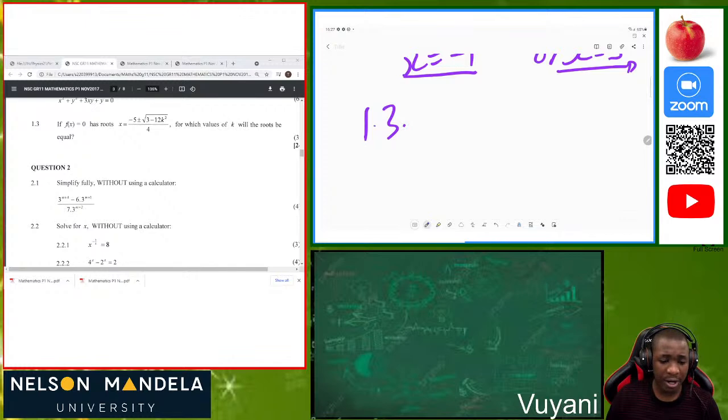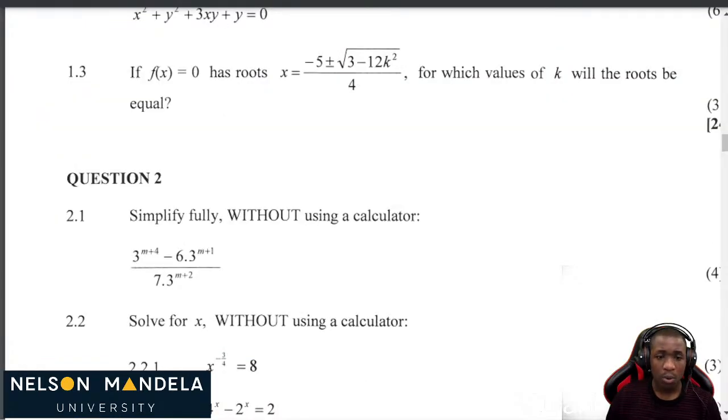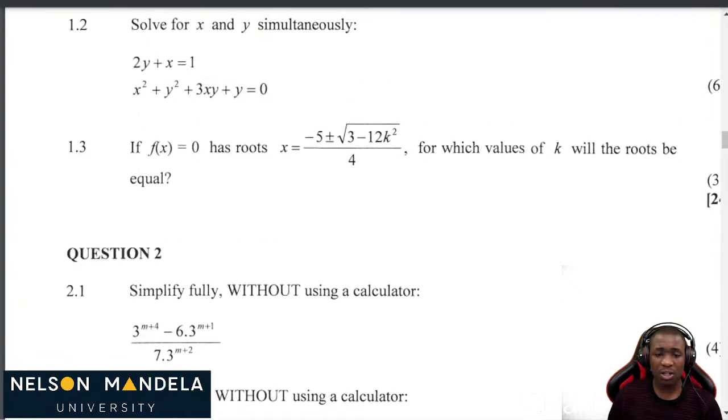On 1.3, we are given that f of x equal to 0 has roots x equal to -5 plus or minus square root of 3 minus 12k squared, all divided by 4. For which values of k will the roots be equal? When we're talking about the roots, this is basically the knowledge of discriminants.